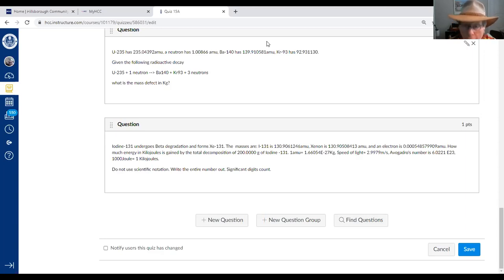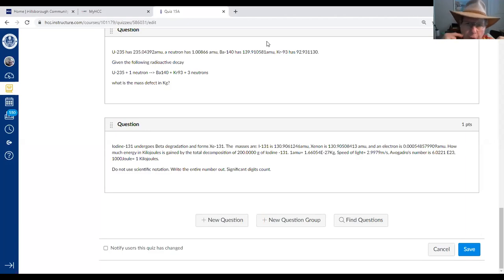Now, when something like this happens, energy gets released because you have less mass in the products than you started with in the reactants. Okay, Ethan? Yeah, less mass in the products.